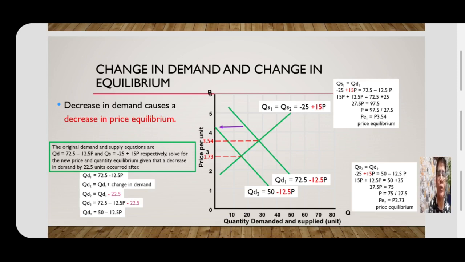So what we have to do first is to specify our original demand equation. So our original demand equation is QD sub 1 equals 72.5 minus 12.5P. Now, what about the new demand equation, or QD sub 2? We can derive QD sub 2 by adding the change in demand to the original demand equation, or QD sub 1.